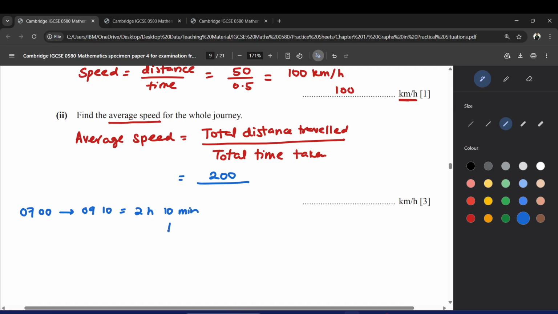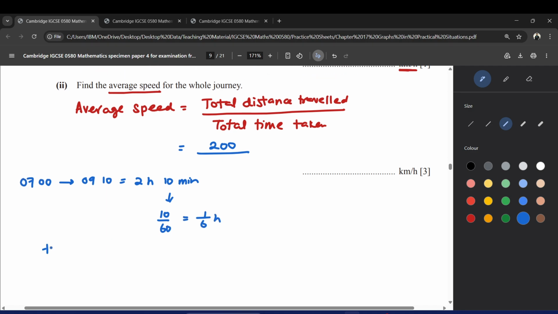Okay, this can be written as 10 upon 60, which is 1 upon 6 hours. So total time will be 2 plus 1 upon 6, and that would be 2 plus 1 upon 6, that is 13 upon 6 hours.